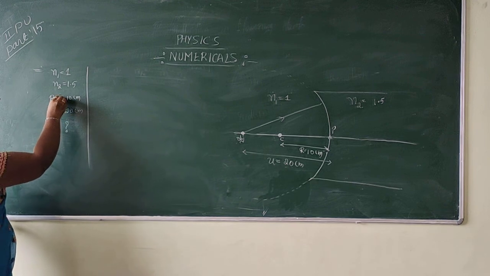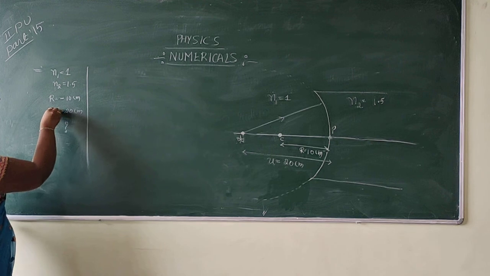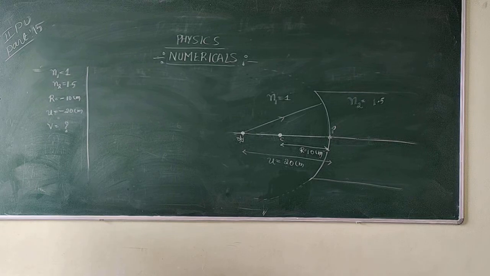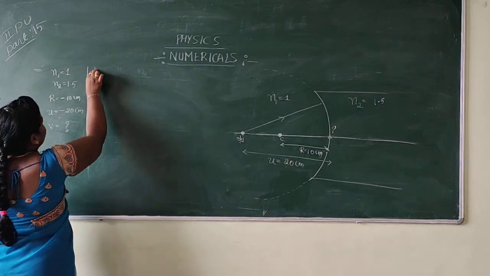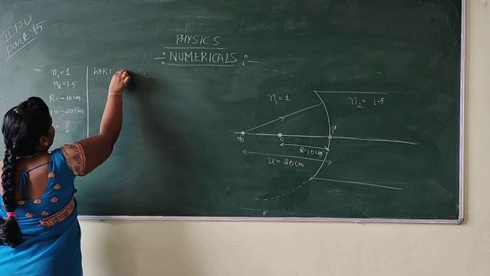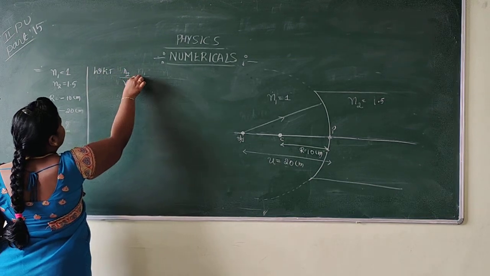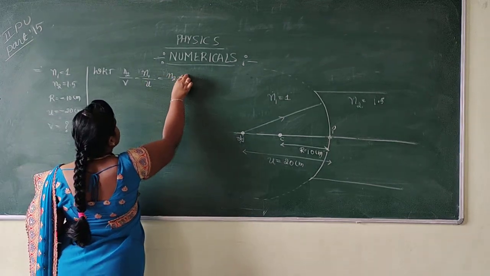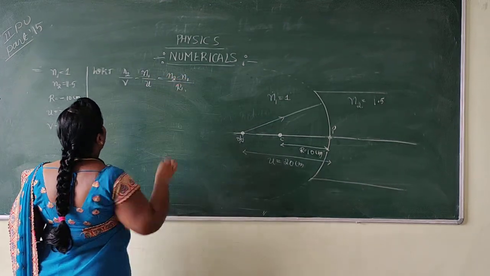It becomes -10. What should u be? It becomes -20. So r is -10, u is -20 centimeter. See, now let us use the formula. We know the formula: N2 by v minus N1 by u is equal to N2 minus N1 divided by r.